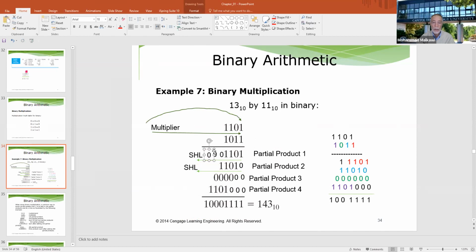Okay, and here there is a 1 here, a 0, and then there is a 0, and there is a 0 here.